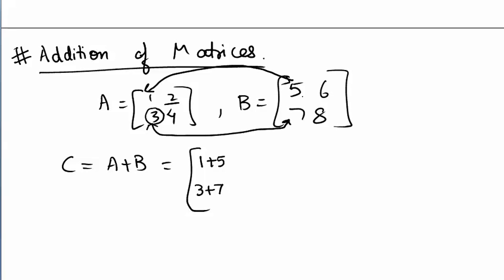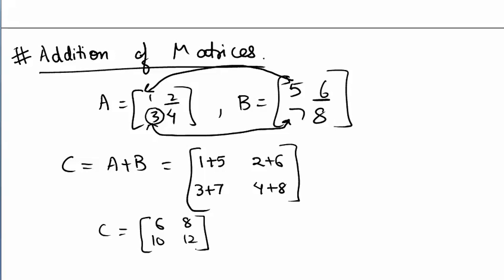Similarly, 2 plus 6 and finally 4 plus 8. So the C matrix will become 6, 8, 10 and 12. Very simple, right? So we can always add this.